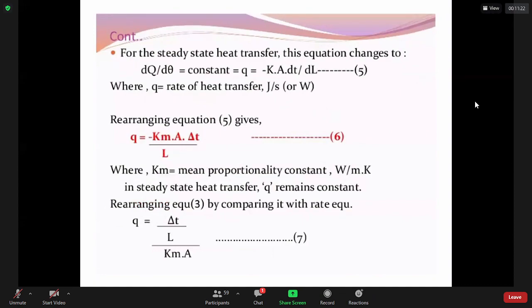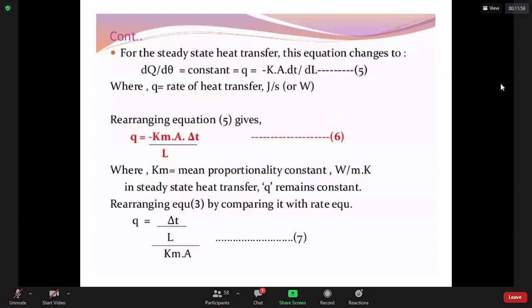If you rearrange that particular equation, you'll be able to see that Q is equal to delta T over L divided by 1 over KmA. So it is actually dividing it by L over KmA. So this one goes up.